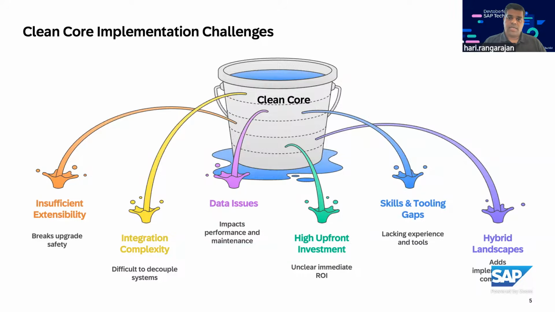When custom logic requires touching the core objects or modifying standard behavior, that breaks the clean core principle or paradigm, right? So the lack of upgrade-stable, documented, supported extension points means that during upgrades or cloud migrations, customizations might fail, may require heavy refactoring, or may no longer be supported, right?